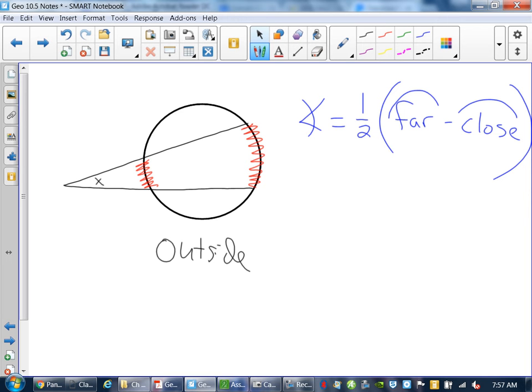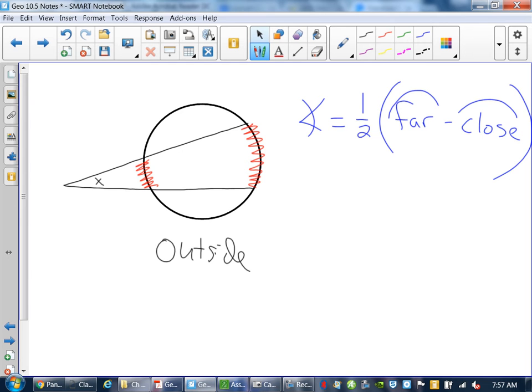So if your angle is outside the circle, angle equals half the far arc minus the close. That's a lot easier than saying a lot of other things that they write out. Okay? Let's do the next one.